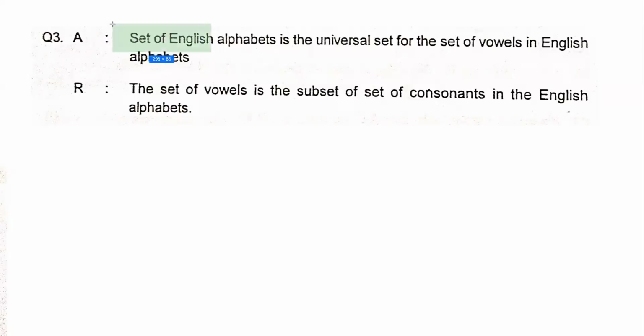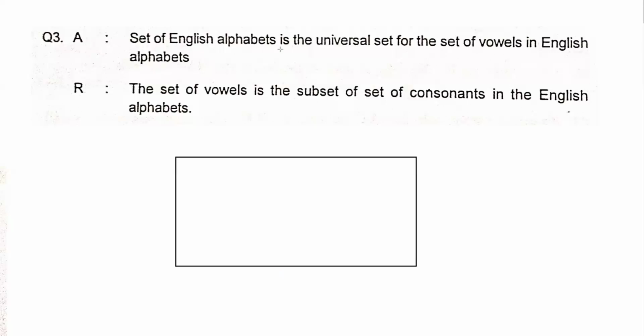Question 3 is an assertion reasoning. It says the set of English alphabet is the universal set of the set of vowels in English. By that they mean to say, let's say if I make this the whole alphabet, and you know that the vowels are here. What are the vowels?